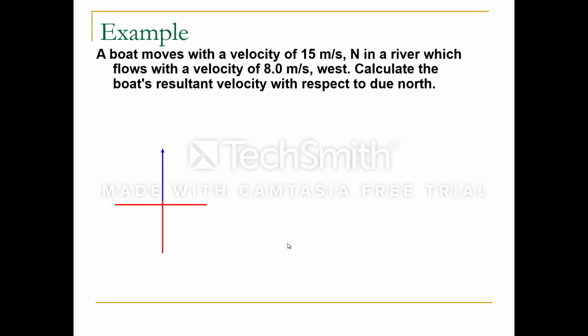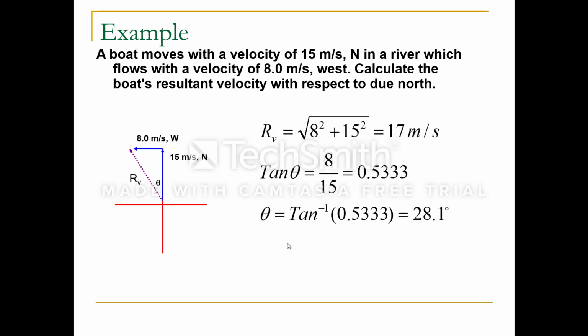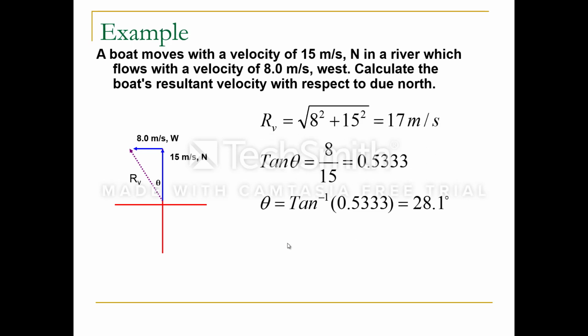So there's my north, and then the boat goes west. So my boat's really going to travel on an angle. Same thing, do the Pythagorean theorem, and then inverse tangent to find my angle, which would be 28.1.